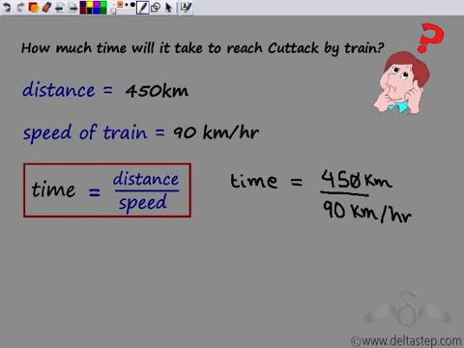So I get time as 5 hours. So it would take 5 hours to reach Cuttack from Kolkata.